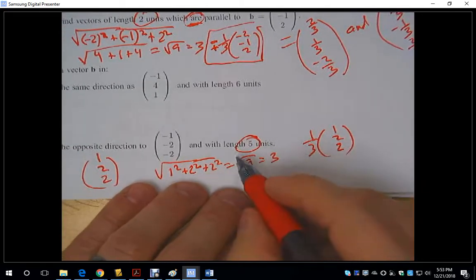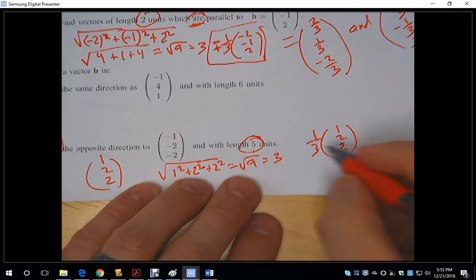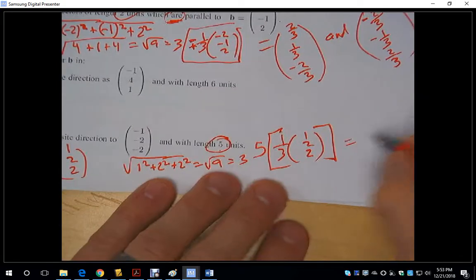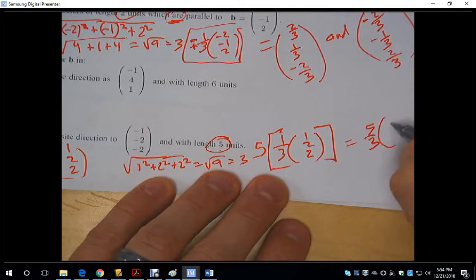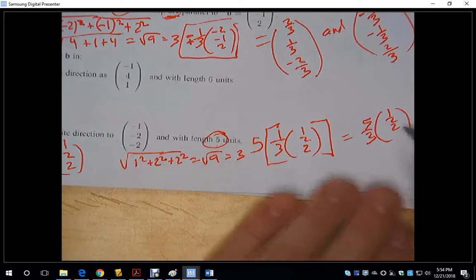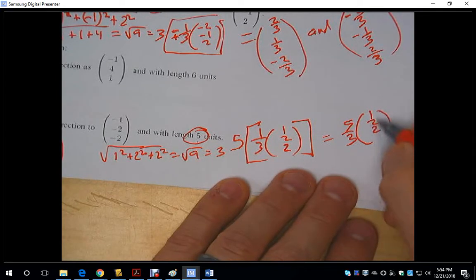So now I want a length of 5, so I'm going to multiply by 5. That's going to give me 5/3 times this vector here, and which is fine. We could just leave it like this. So 5/3 of this, it's not a unit vector. This is a vector of size 3.